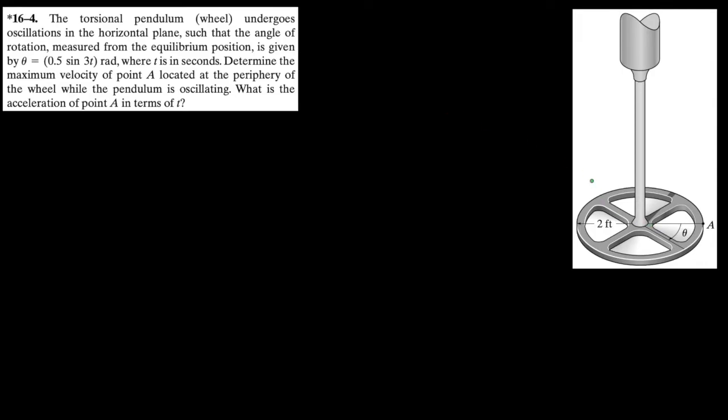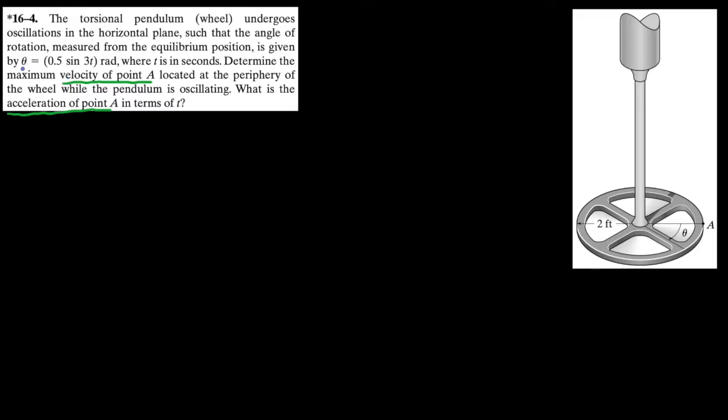So let's think about what the question is asking. First, it is telling us to find the maximum velocity of point A, and then it asks what the acceleration of point A is. Based on the information given, let's consider how we would approach such a problem.